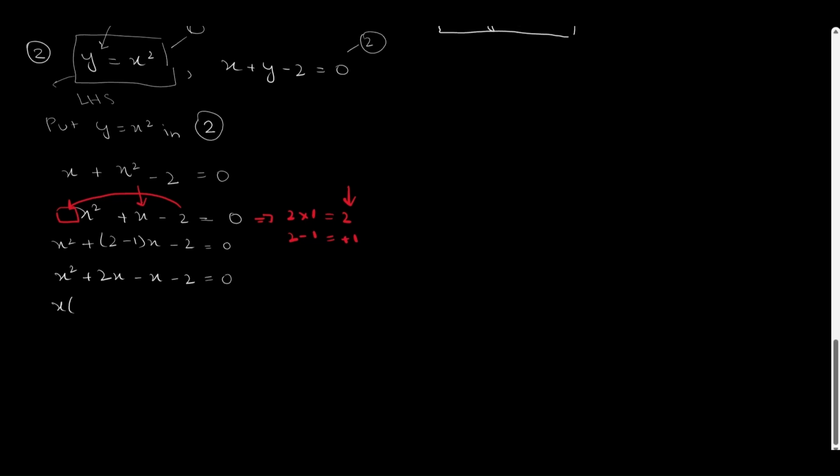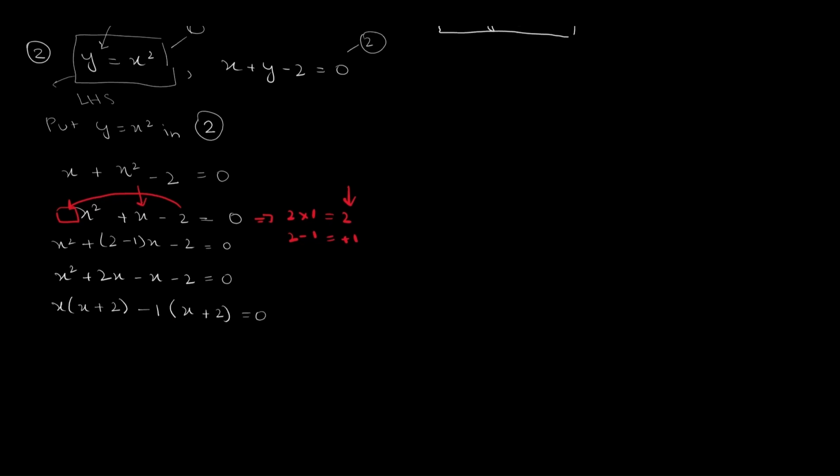Now we can just take out common from the first two. So x common, x plus 2, minus 1. In these two, the common is minus 1, and then again bracket x plus 2. When minus 1 multiplies by x, it becomes minus x, and when minus 1 multiplies with plus 2, it becomes minus 2. So we get this back when we multiply it inside, equals 0.